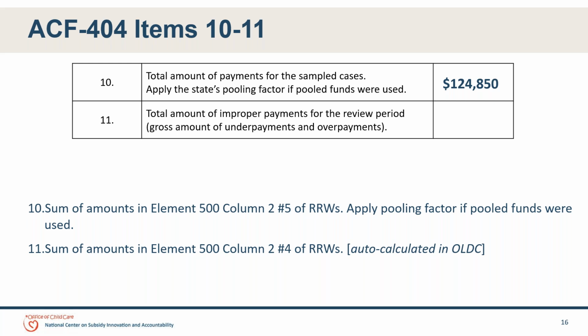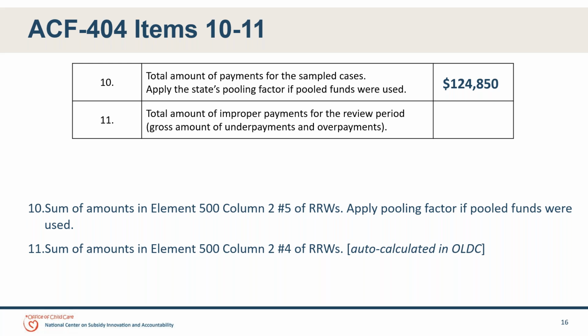Item 11 is the total amount of improper payments for the review period, and this is the gross amount of underpayments and overpayments. This is going to be the sum of the amounts recorded in your record review worksheets, element 500, column 2, number 4. However, it is calculated automatically in the OLDC by summing up the totals for the next two items.